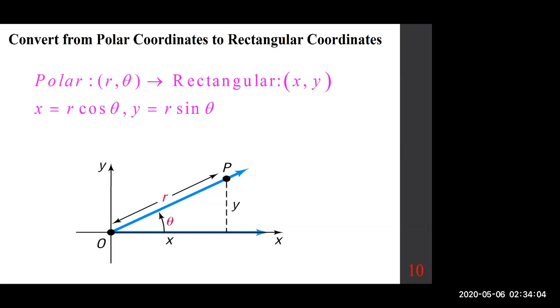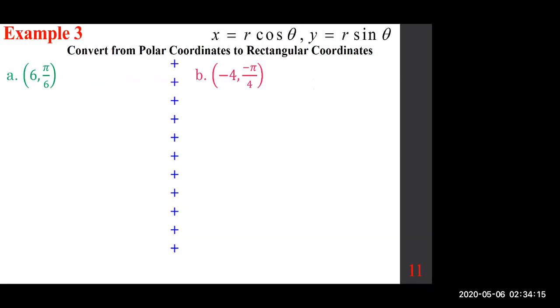So let's look at this simple example that takes care of the business here. We have a pair 6 comma pi over 6. And we want to find its coordinates in rectangular format.